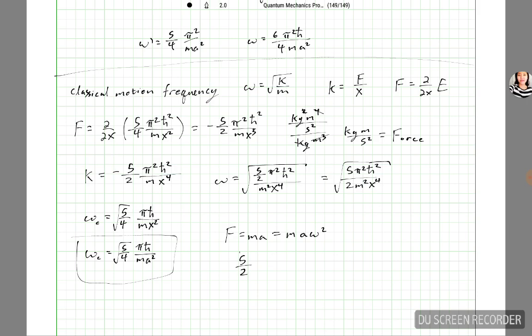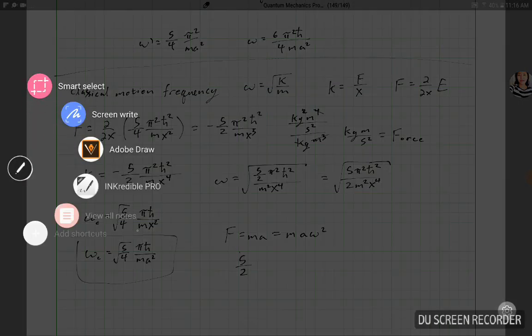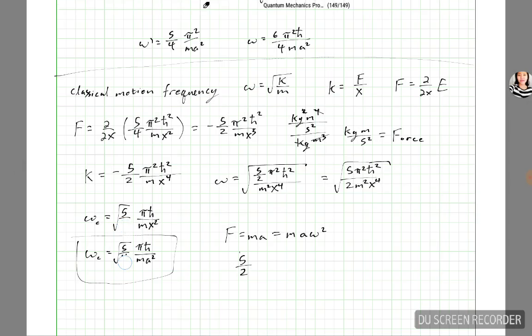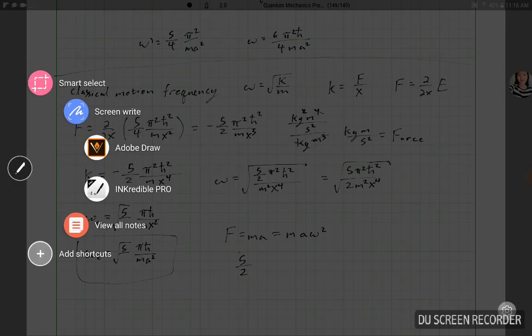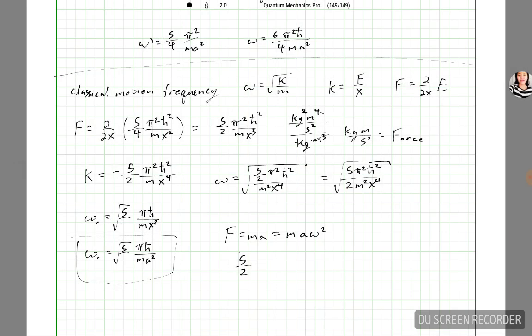You know, where did that 4 come from here? Let's go ahead and fix that. I don't know why I suddenly started writing the 2's as 4's. So that's 5 halves. There we go.